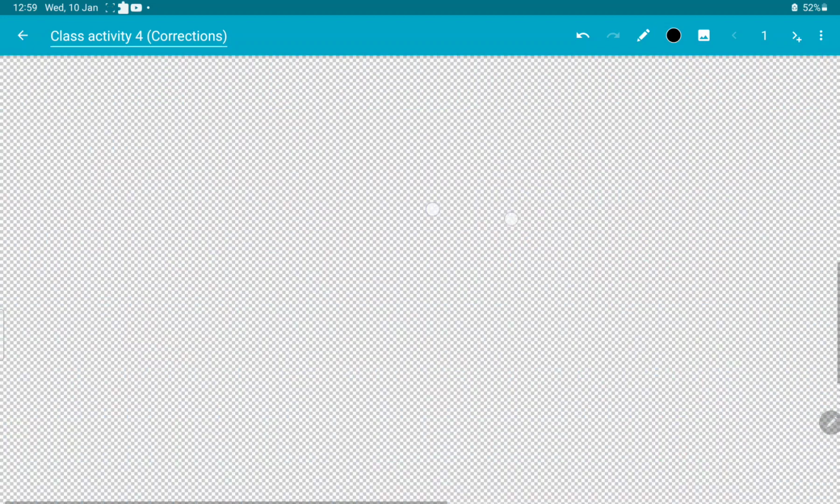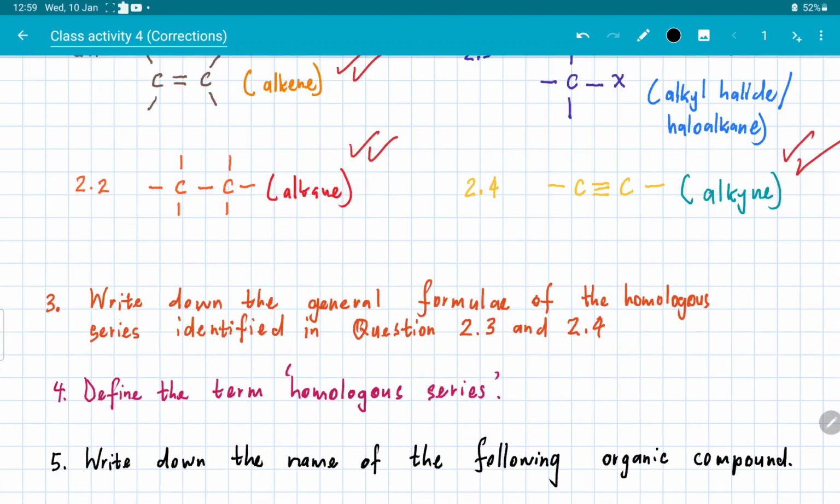Okay, now I would define the term homologous series. Do not make a mistake of swapping the definitions between homologous series and functional group. A functional group is a group of atoms, or an atom, or a type of bond that determines the physical and chemical properties of an organic molecule.